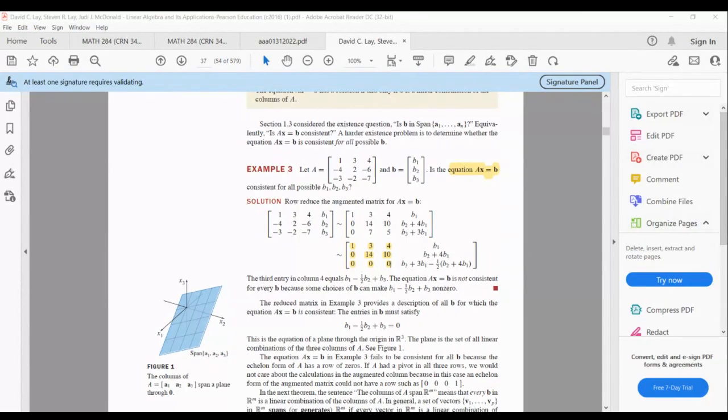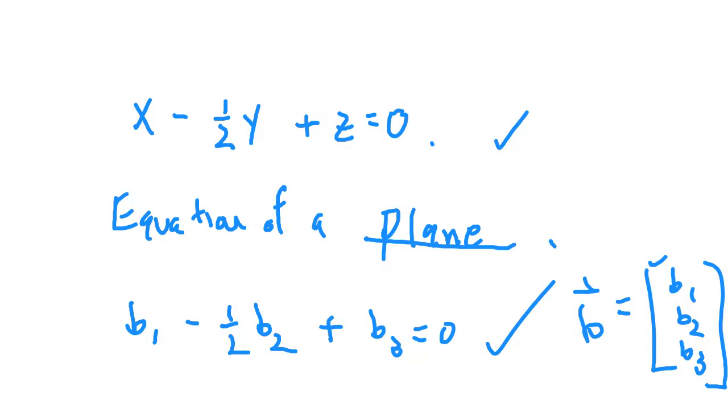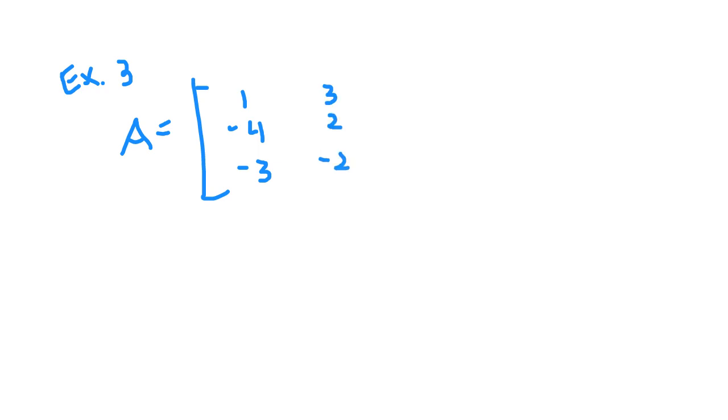Let me go to the whiteboard. Okay, so in example 3, the matrix A had 1, -4, -3, 3, 2, -2, and 4, -6, -7.